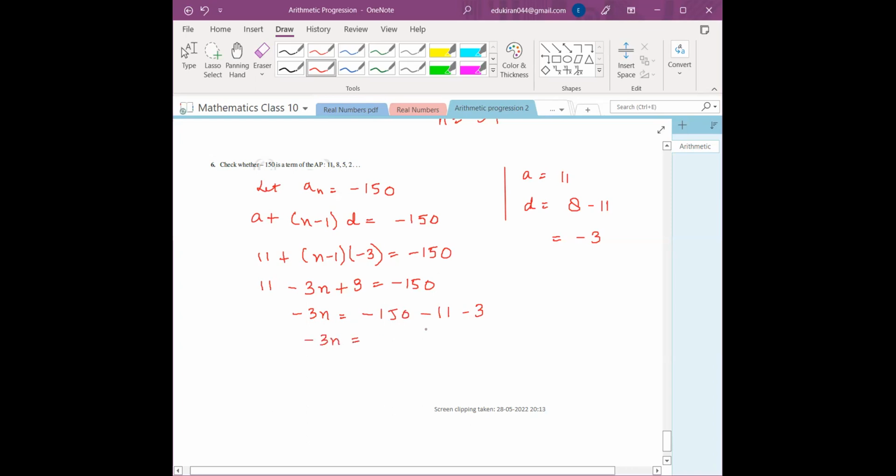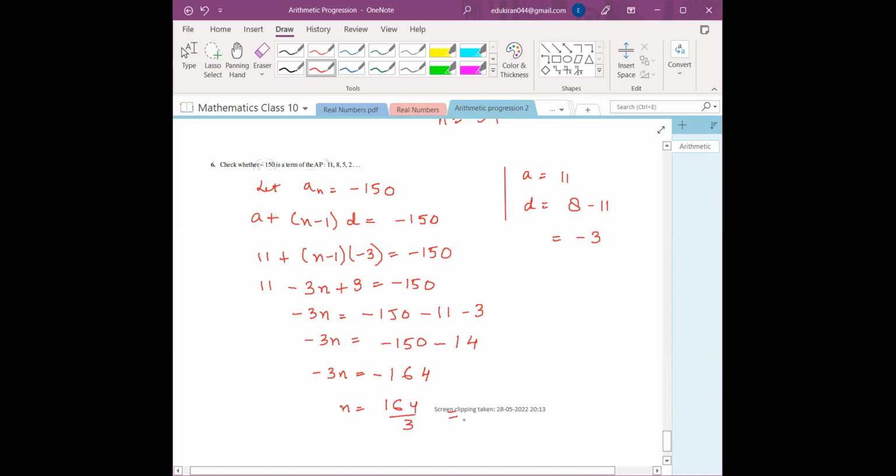Minus 3n is equal to minus 150 and minus how much? 14. So both are minus, so they will be added up, 164. So minus minus will get cancelled out. So n will be 164 divided by 3.